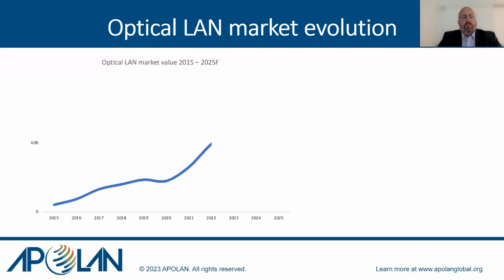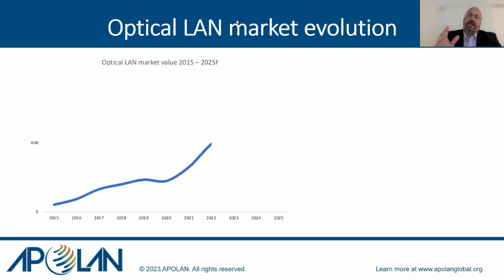The first time BSRIA did research on optical local area networks was back in 2011. Since then, the market has been growing, as seen in the chart. In 2015, just a few years back from now, the market was really small, below $100 million.